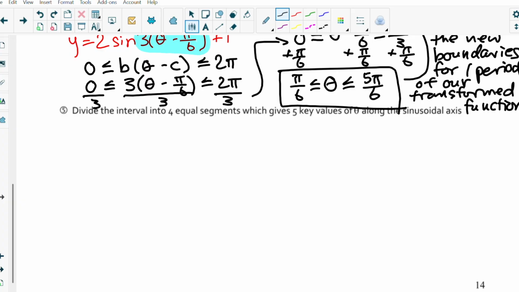Number 5, divide the interval into 4 equal segments, which gives 5 key values of theta along the sinusoidal axis. Let's do this. I'm going to just show you what my 5 key values are here. 0, 0.